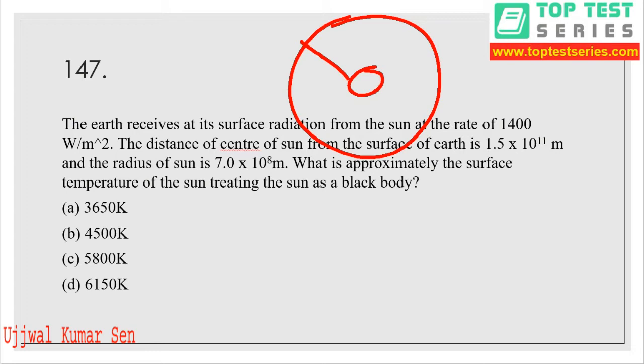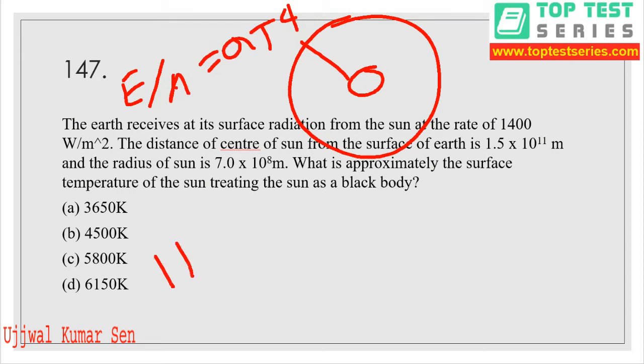So what we can basically do: we have been given the heat transfer rate per meter square. So we know that E by A is equal to sigma T to the power 4, and we have to find out T. We have been given E per meter square, so we have to convert that into E first.